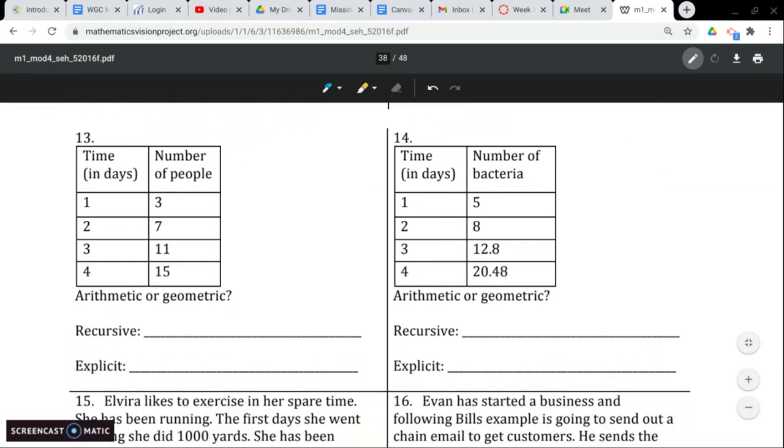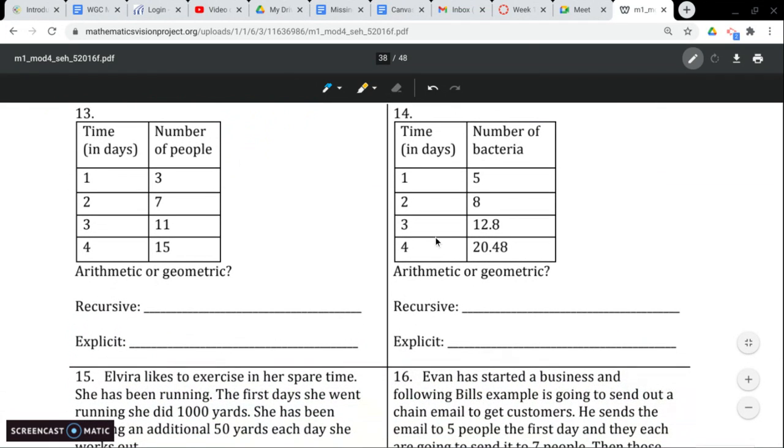All right, for number 14, we've got time and days and bacteria. We're going 5, 8, 12.8, 20.48. Are we adding by something each time or multiplying? We are multiplying. Now, at first glance, you may not know what we are multiplying by, but if we take 8 and divide it by 5, we end up with 1.6.